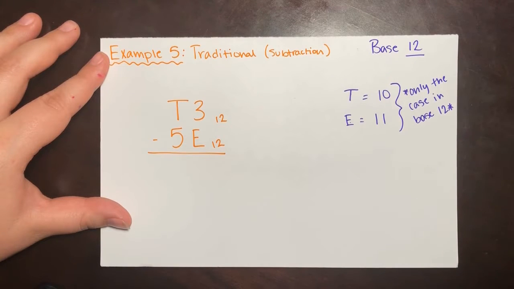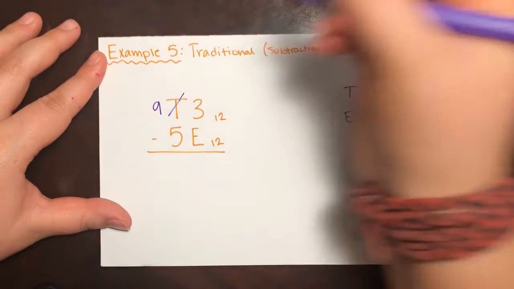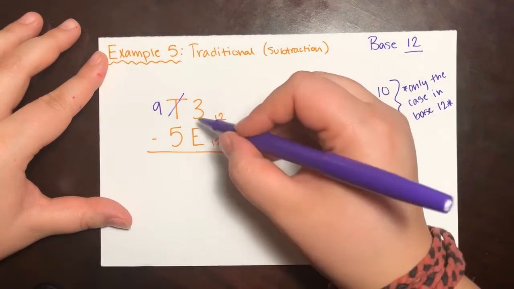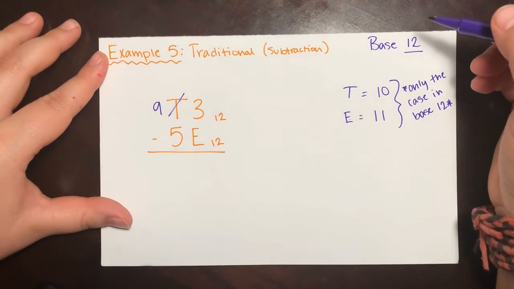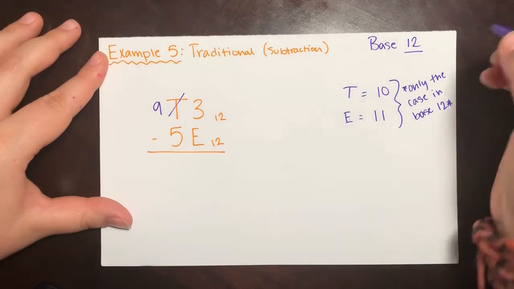We're going to have to borrow, and that looks a little bit different than it does in our regular base 10 system. So we'll take 1 off of our T and give us 9, right? Because T is actually 10. And instead of adding a 10 to the 3 to make it 13, we're going to add a 12 because we're in base 12.